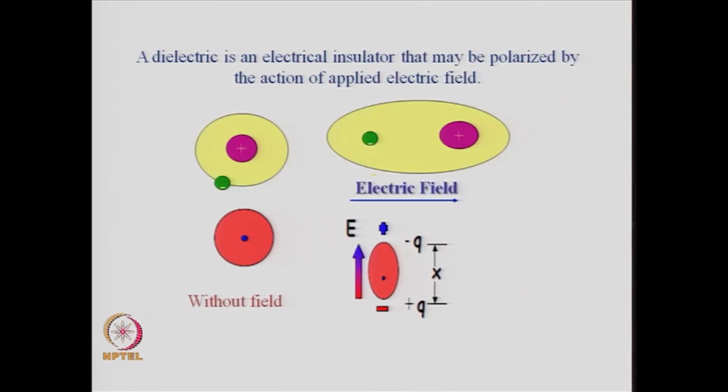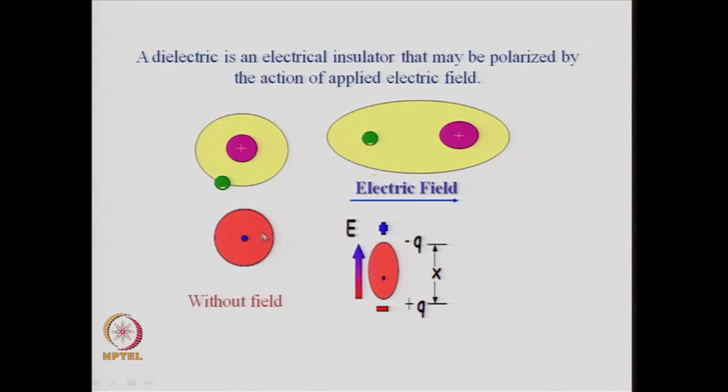Suppose a material has a positive and a negative charge associated with it. If you apply an electric field, then these positive and negative charges can be separated. This is called polarization.